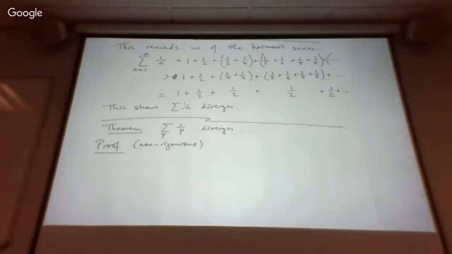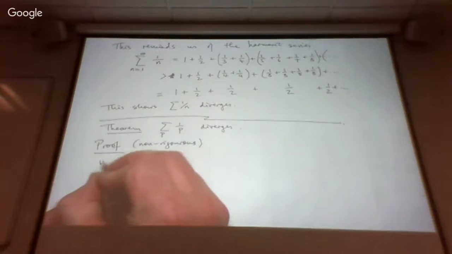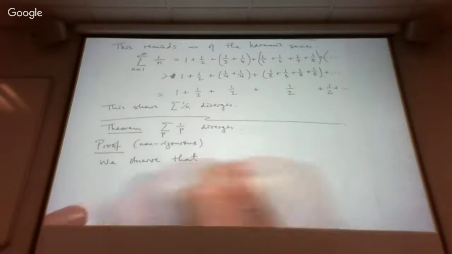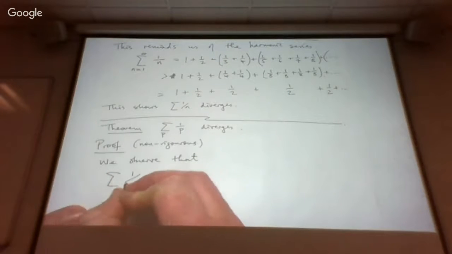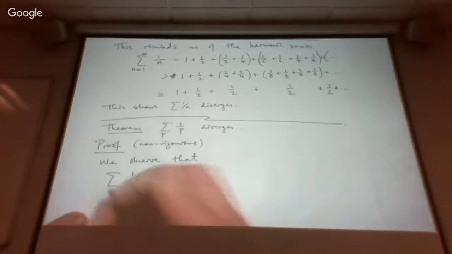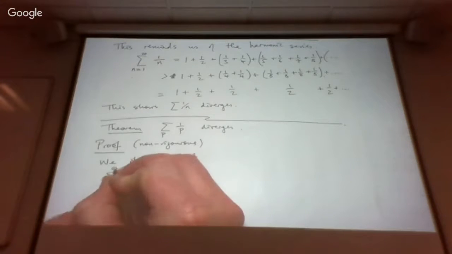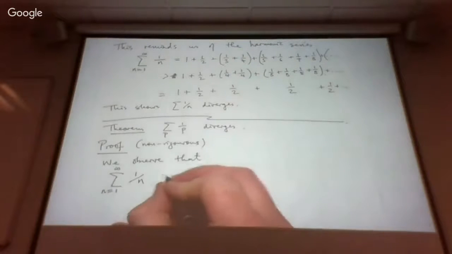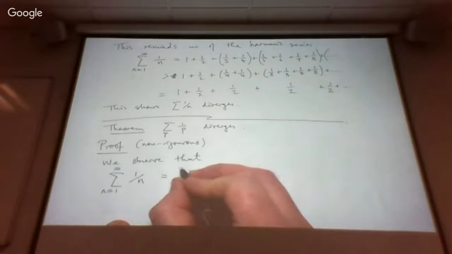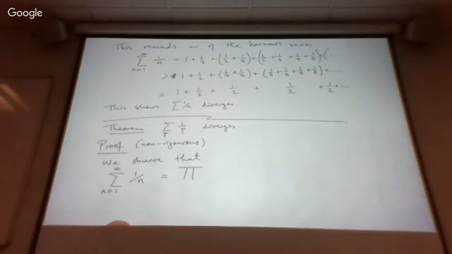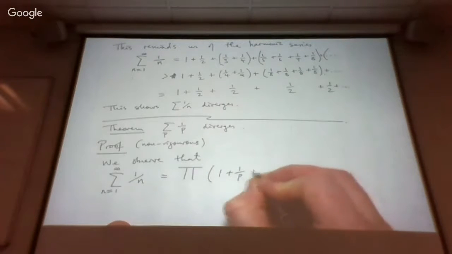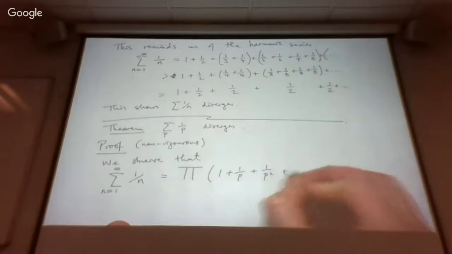Okay, and we start with a nice observation: if you want to add up all the reciprocals of the positive integers, you can do it by multiplying together all these things.